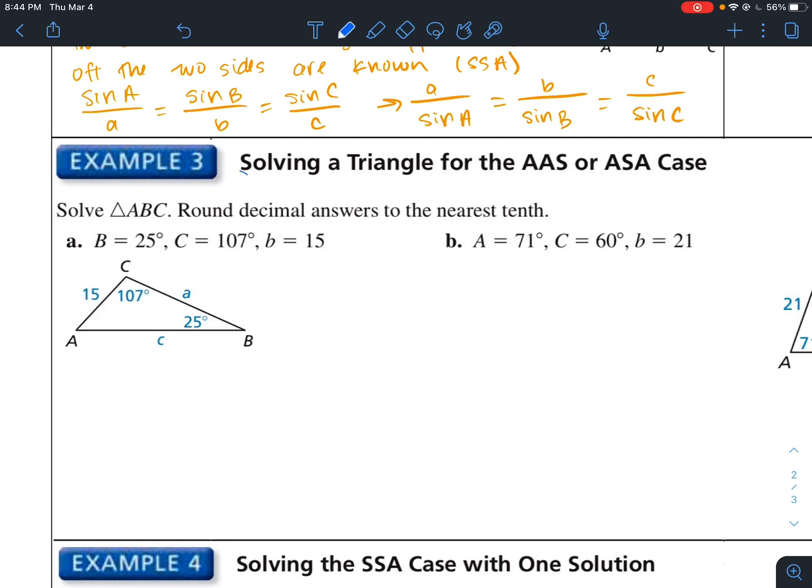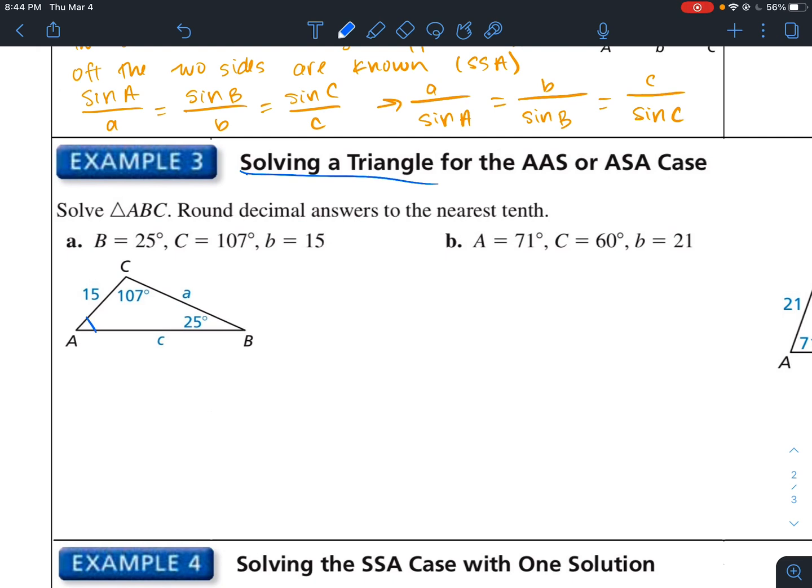And we're trying to solve the triangle, which means we need to find all its parts. So we need to find A, we need to find C, and we need to find angle A. First of all, you can use the sum theorem, because we know that the sum of all the angles in a triangle is 180 degrees.